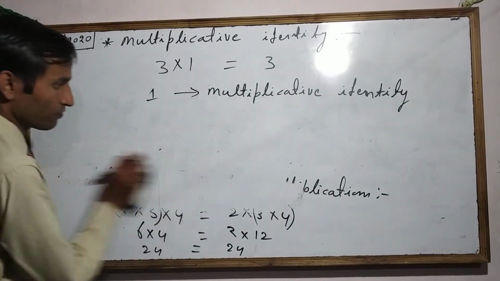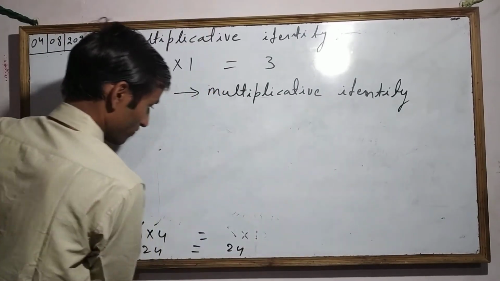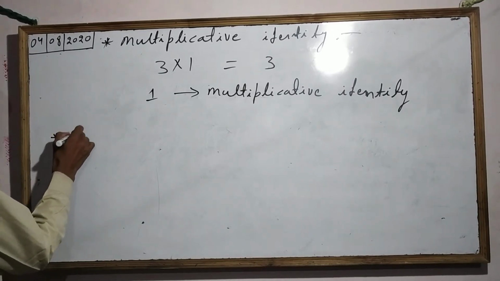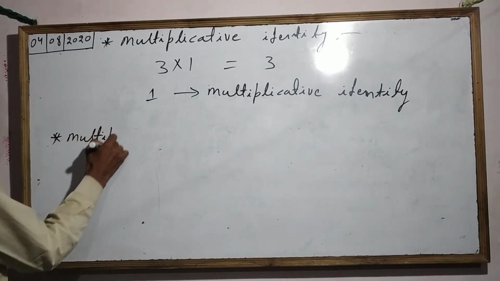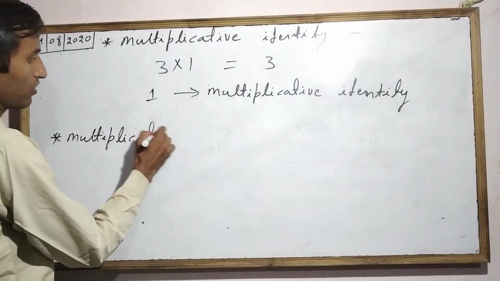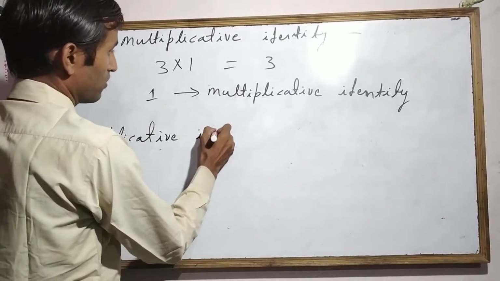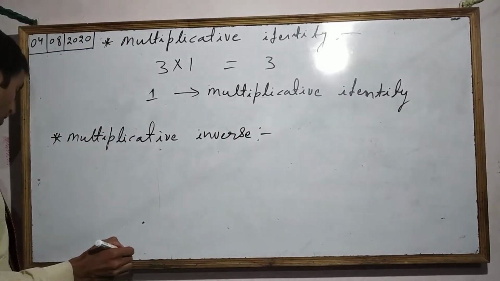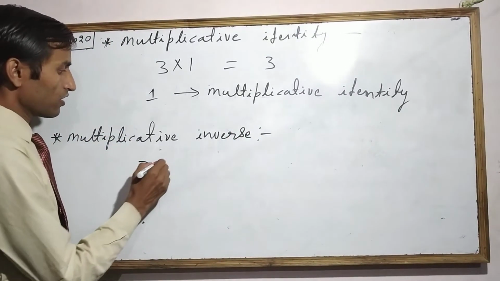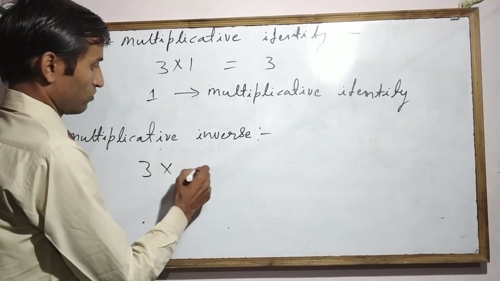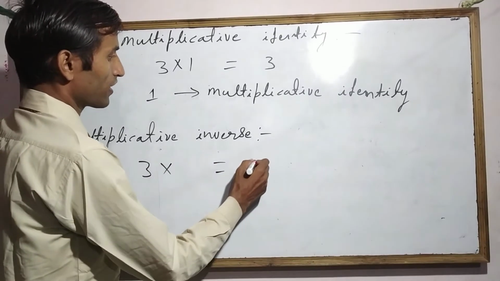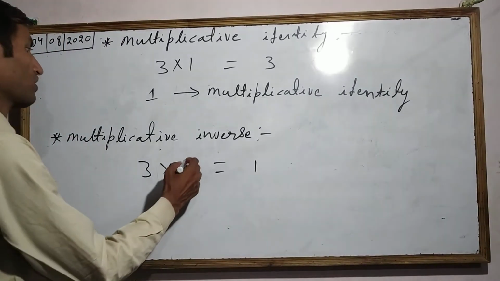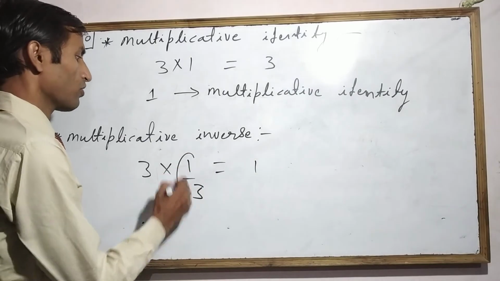Next one is multiplicative inverse. Multiplicative inverse means what we multiply 3 by to get 1. We would take 1 upon 3, but 1 upon 3 is not an integer.